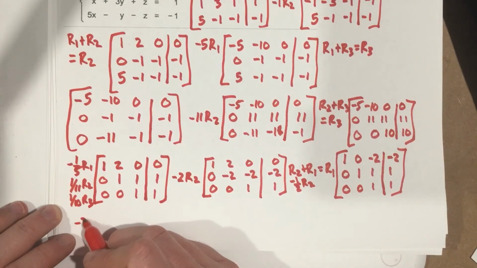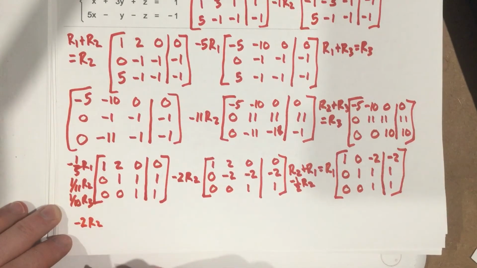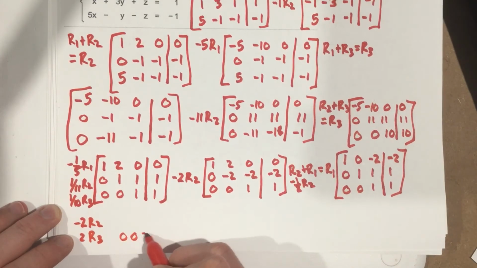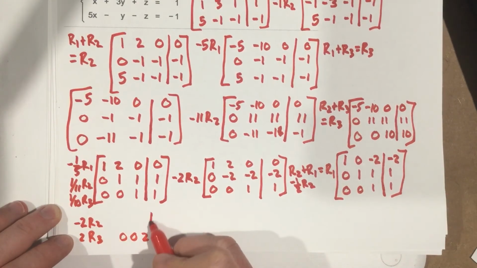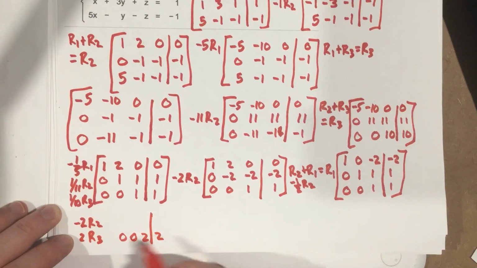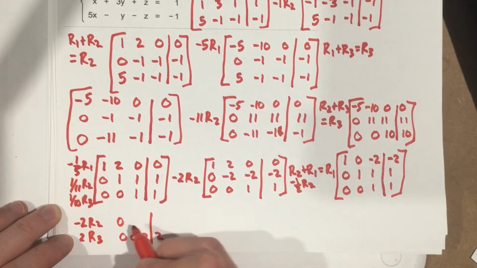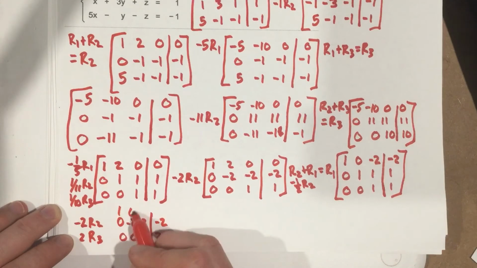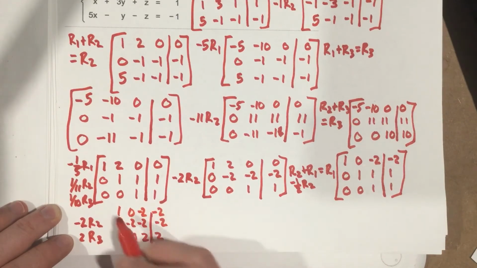So negative 2 R2, and 2 R3. When we do that, we end up with 0, 0, 2, 2 on the bottom. We get 0, negative 2, negative 2, negative 2. And we have 1, 0, negative 2, negative 2.